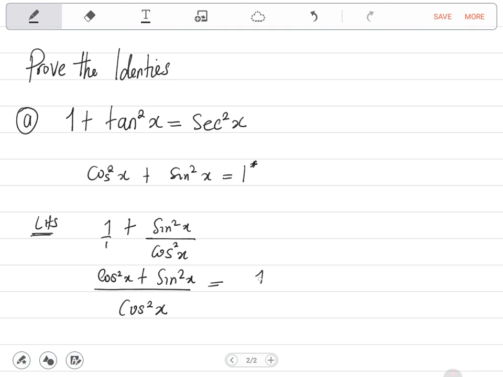So I'll just put 1 over cos squared x. Also recall that 1 over cos x is just sec x. So if I've got cos squared x, this will be sec squared x. That's all. It's done.